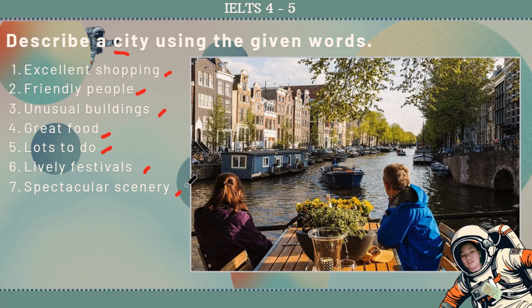Okay, and there are lots to do there. And in Sydney, there are plenty of lively festivals and spectacular scenery to view. Okay, so that is an example. And you can use these for whatever place you find fit. And it's very straightforward, very simple, descriptive phrases.